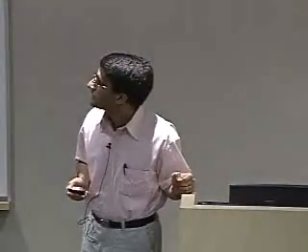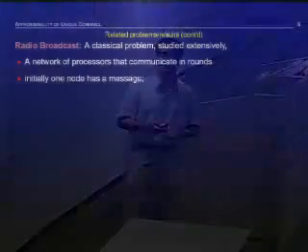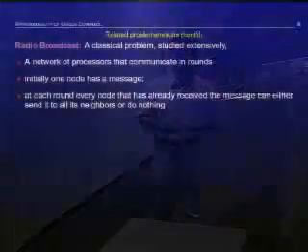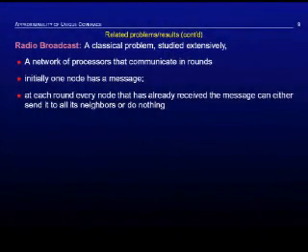And one final related problem, which I'll get back to at the end, is a classical problem called radio broadcast, studied since the late 80s. We have a network of processors that communicate in a synchronous manner in rounds. There's one particular node that has a message that needs to be broadcast to all the nodes. Every round, a node that has already received the message can broadcast it either to all of its neighbors, or it can be silent.